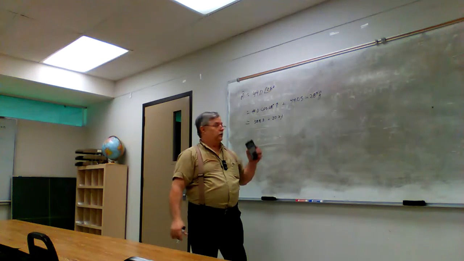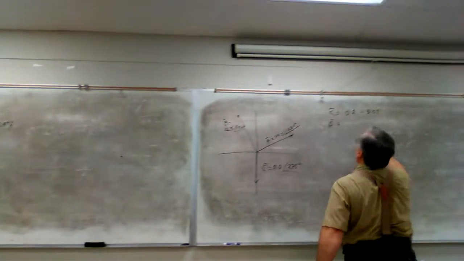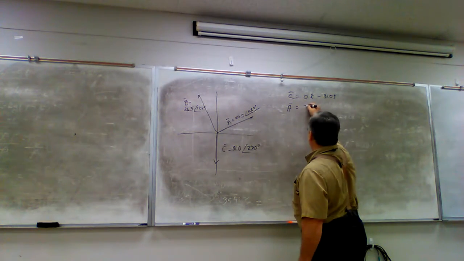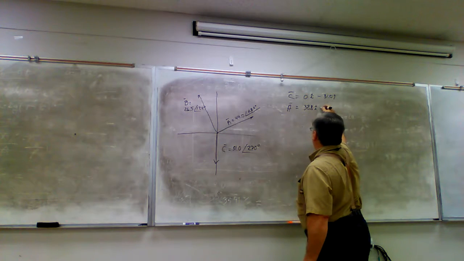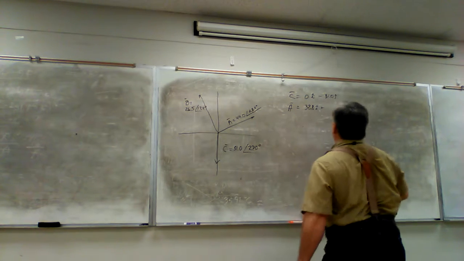Okay, then let's write that here. 38.8 i plus 20.7 j.